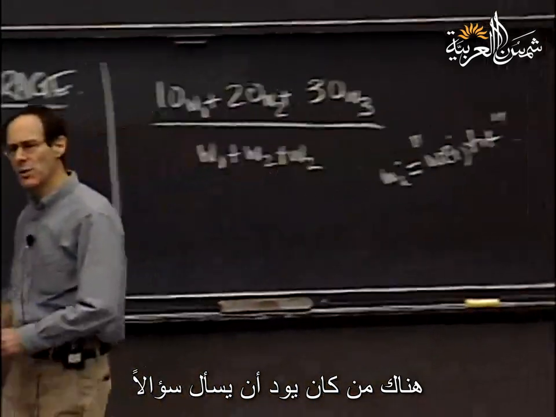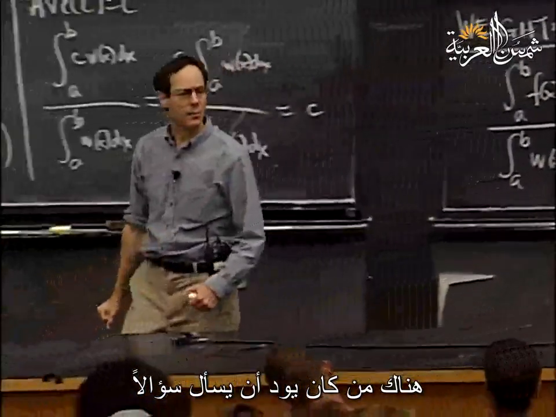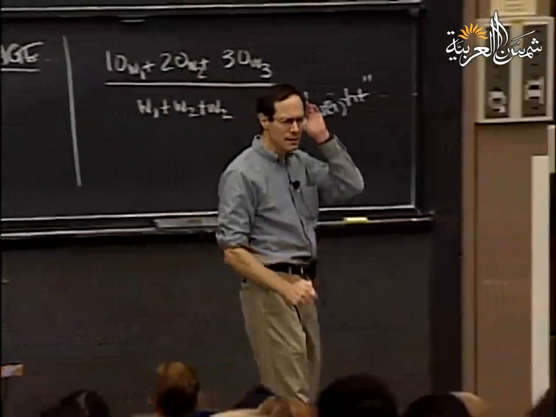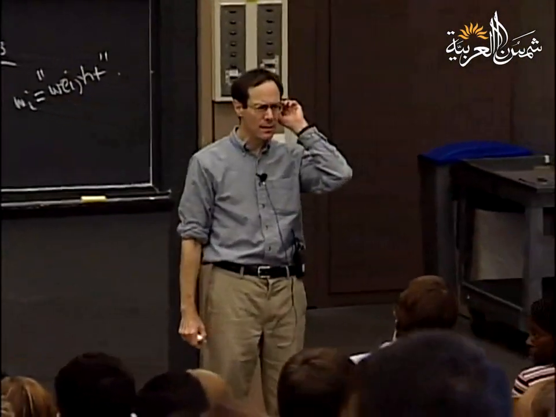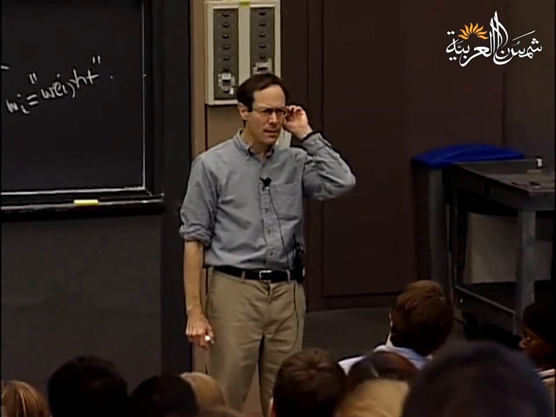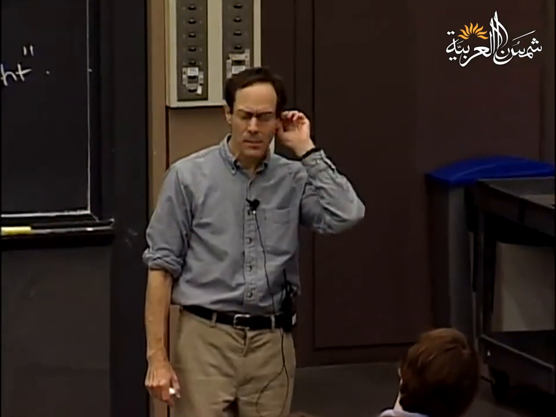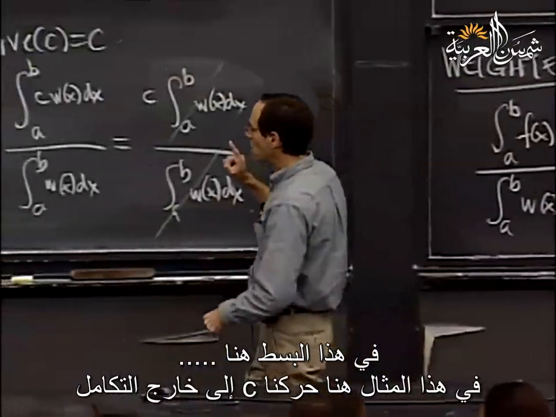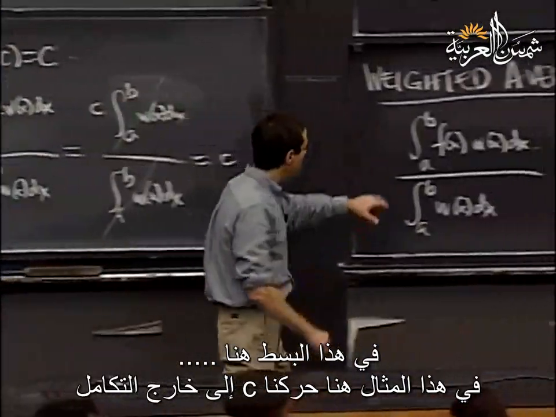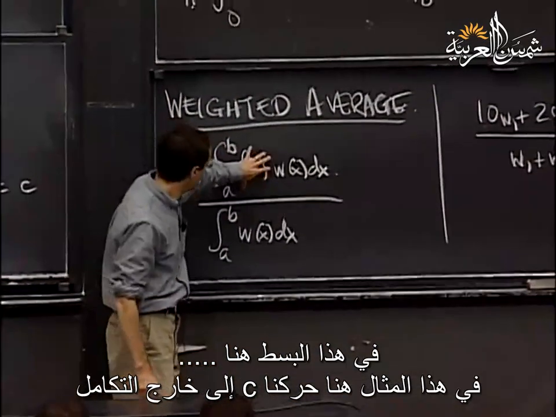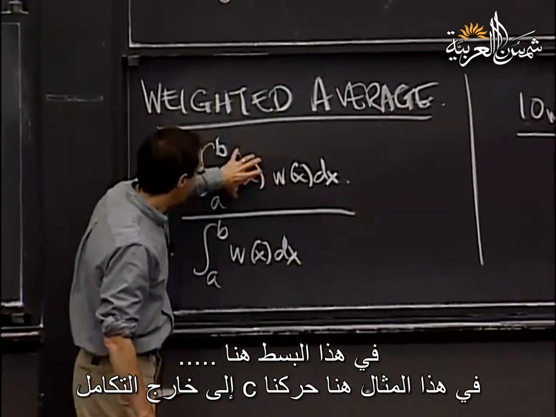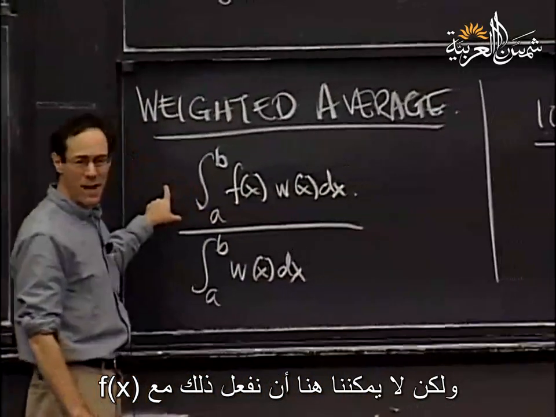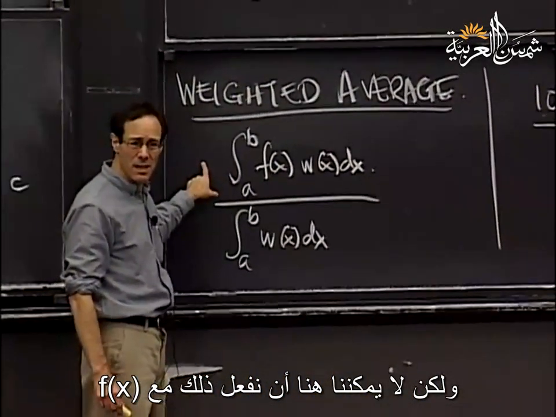All right, so there was another question out in the audience at some point. Over here, yes. In that example, when you talked about the C, you can't do that in the way you have it, right? You can't factor out that, right? Right, very, very good point. So in this numerator here, the statement is, in this example, we factored out C, but here we cannot factor out f of x.